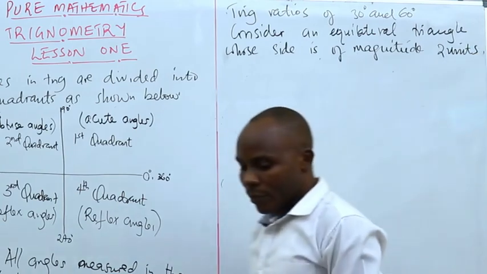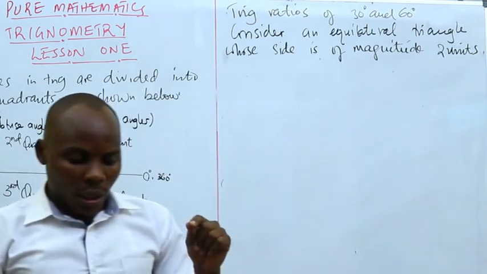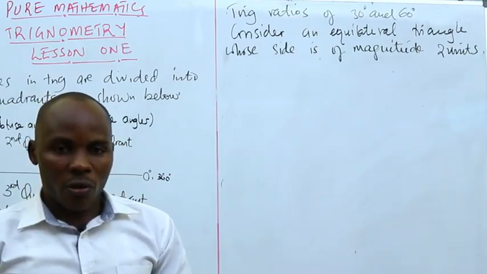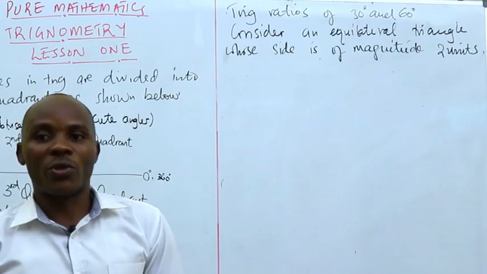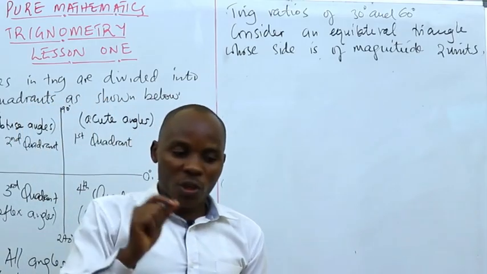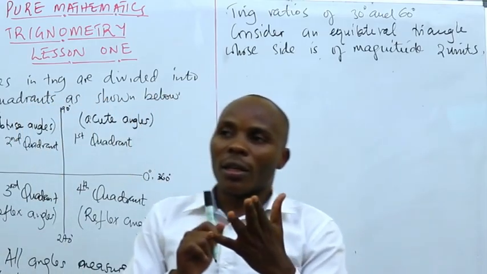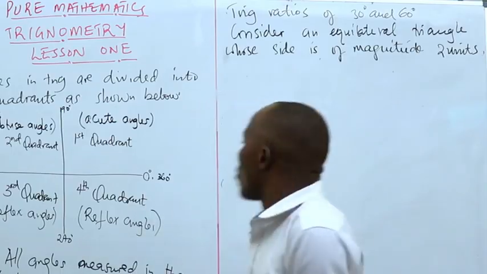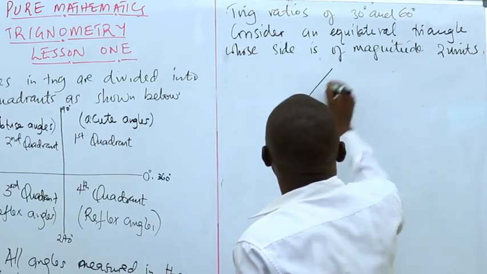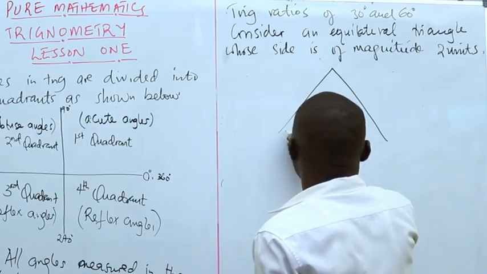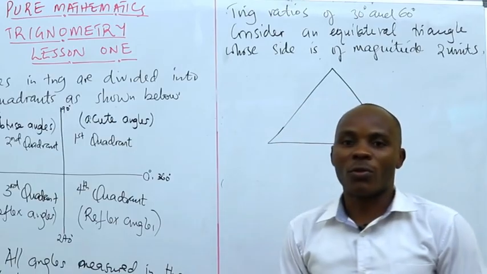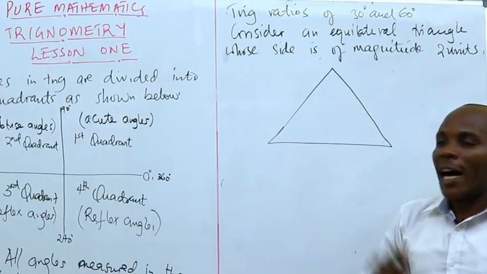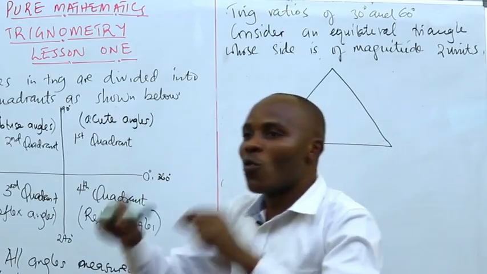Now, all of us know what equilateral triangles are. They have some unique features, among which all their sides are equal. So if all their sides are equal, we have something like this. All their sides are equal, and all their angles are equal.